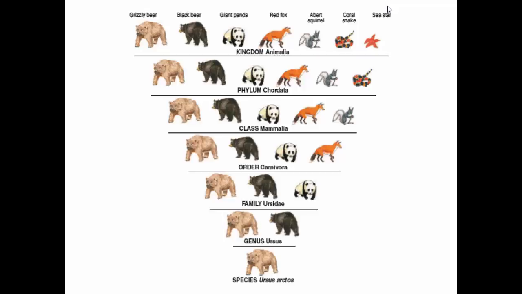Why? Just because it has sort of different characteristics. And then finally we get down to the species level, and there's only one thing left. Ursus arctos. Ursus arctos is the scientific name for a grizzly bear. So as we go down these levels of taxonomic classification, we get more and more specific.